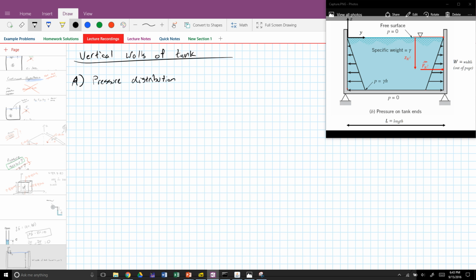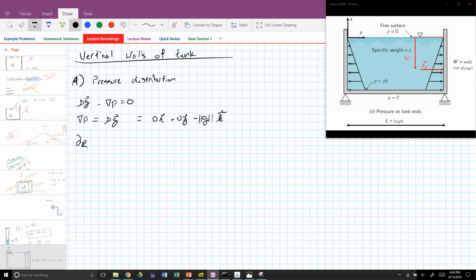So remember, rho g in vector form minus grad p is equal to 0, signifying that grad p is equal to rho g in vector form, which in this case, because gravity is directed downward and z upward, is equal to 0i plus 0j minus magnitude g k. So we have that partial p partial z is equal to negative rho g.